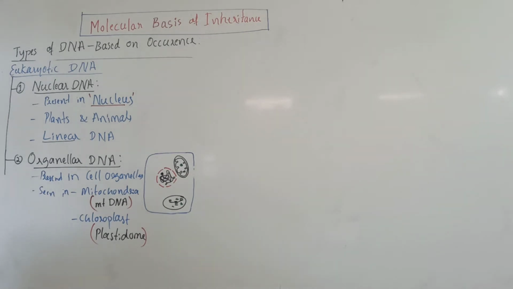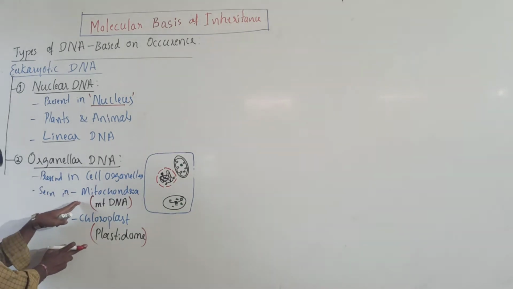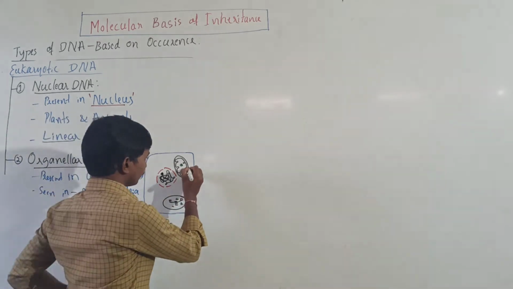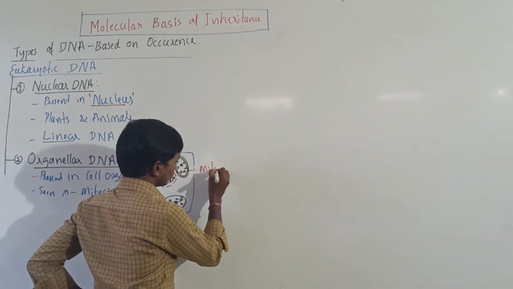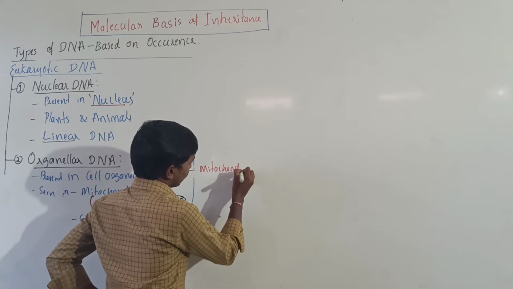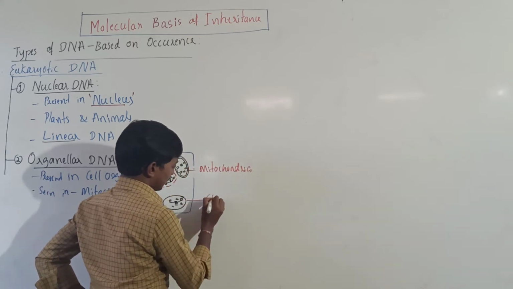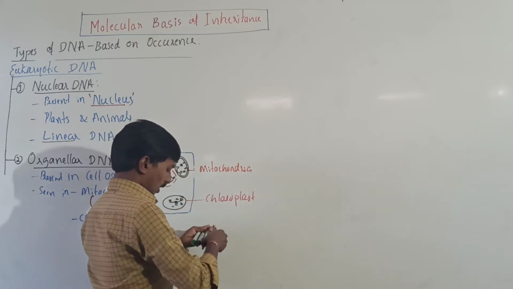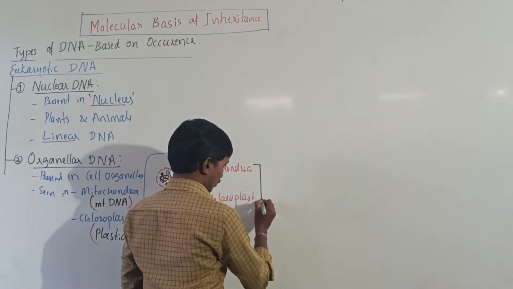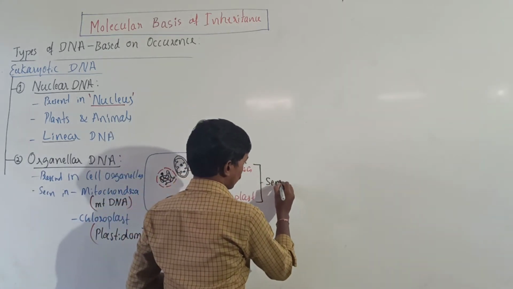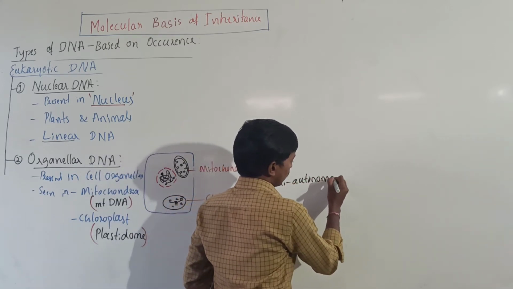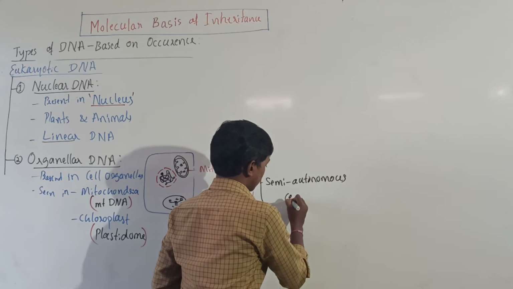Because of the DNA, these two organelles, mitochondria and chloroplast, are known as semi-autonomous cell organelles.